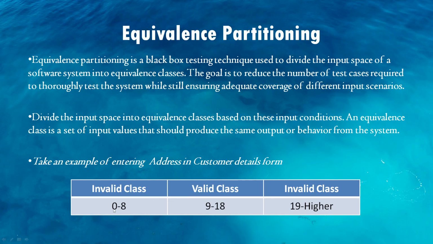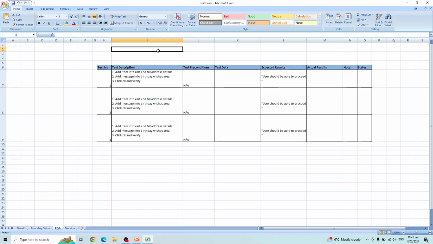So suppose A2. The requirement says, I'll just mark the requirement here. The requirement says it accepts 9 to 18 characters. If you enter 19, that is out. If you enter 7, it is out. So clearly 9 to 18.